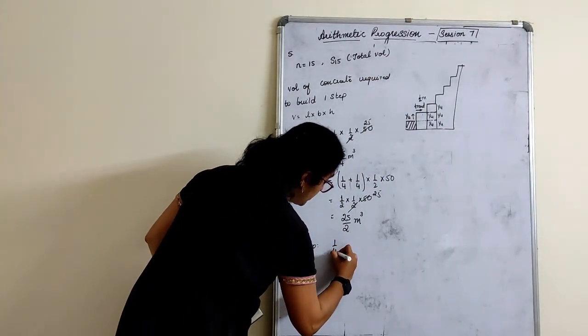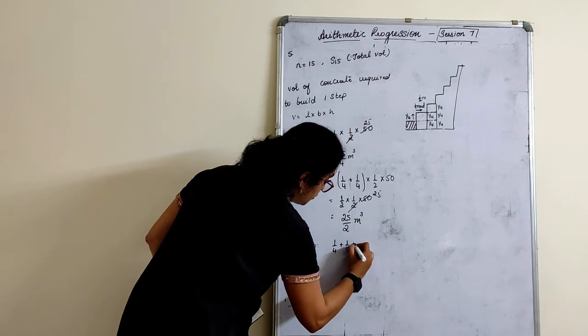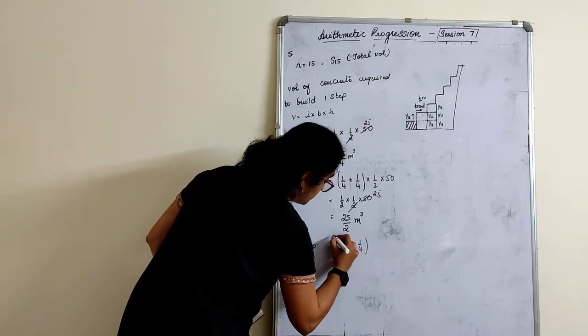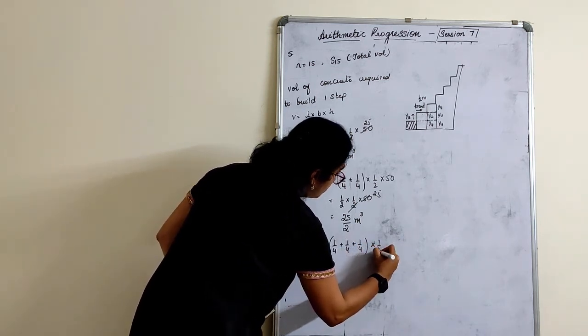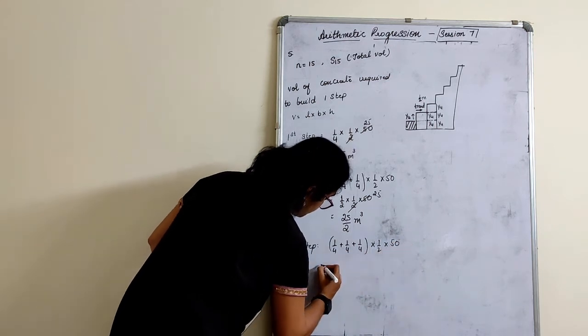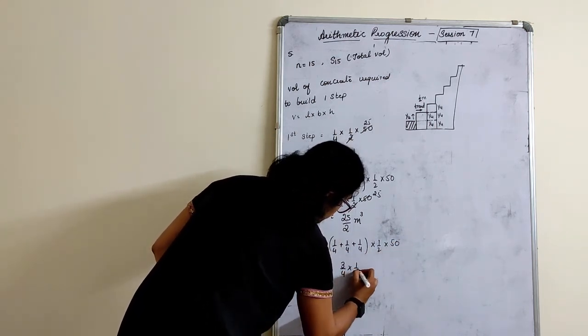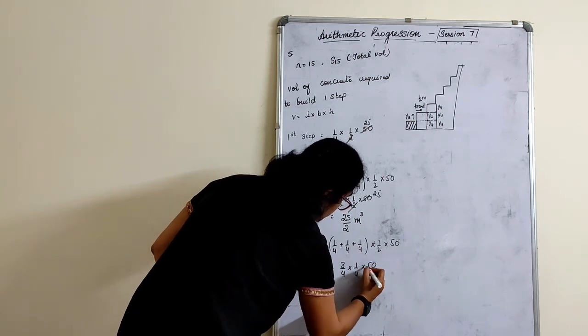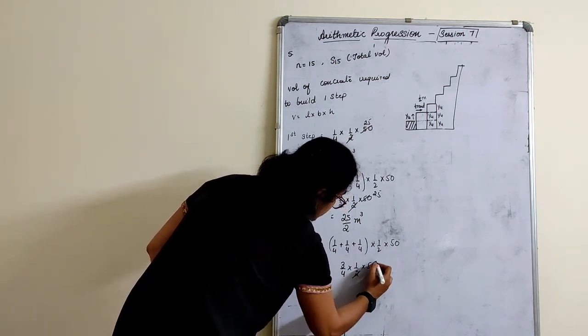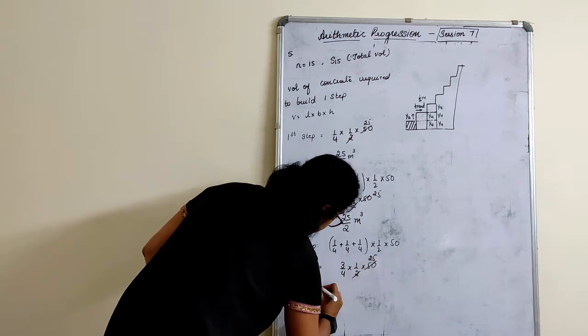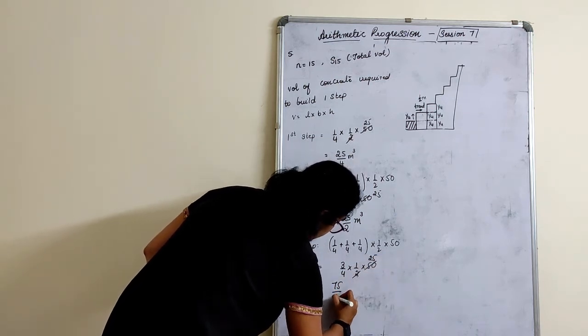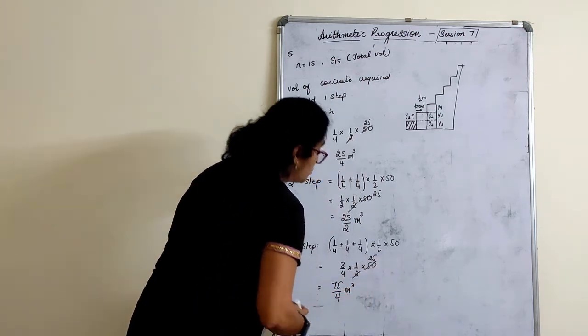So this is 1/4 plus 1/4 plus 1/4 of 1 by 2 into 50. So 3 by 4 into 1 by 2 into 50. 2 ones are 2, 25 threes are 75 by 4 meter cube.